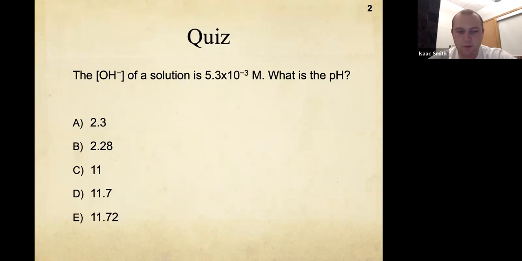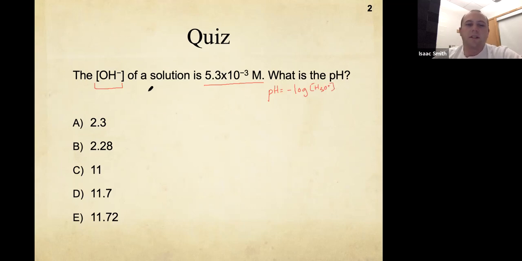All right, this should be a review from the last lecture. We have the hydroxide concentration of a solution is 5.3 times 10 to the negative 3 molar. What is the pH? In the last lecture, we learned pH equals the negative log of the hydronium concentration, right?